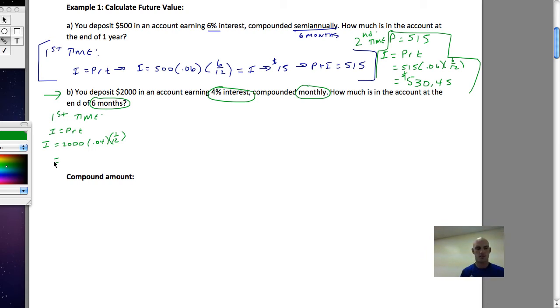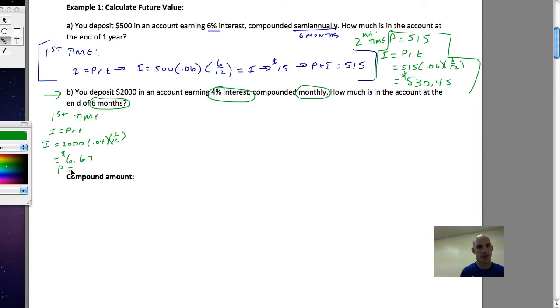Let's see, 2,000 times 0.04 times 1 over 12 equals $6.67. So that's how much interest we earned the first time.